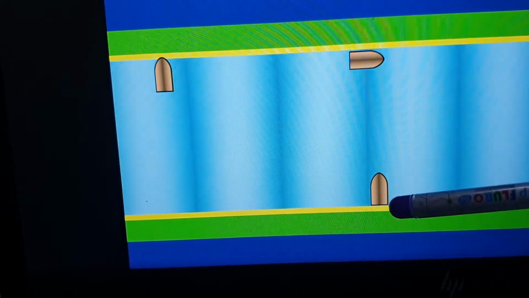Now suppose you have a river and the water in the river is flowing, and you want to go from this point here and reach there, and you point the boat straight across and you go straight across. But this is what's going to happen. You're going to reach somewhere else, not exactly where you wanted.